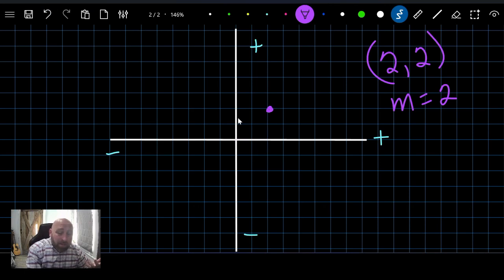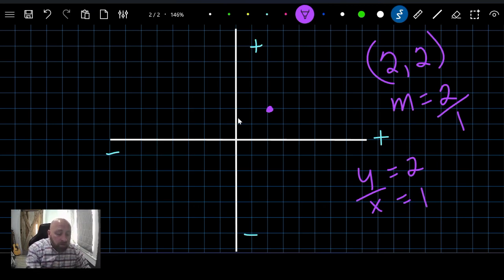Now we don't have a second point, so we need to use our slope. Notice that it's not a fraction, but we need to write it as a fraction, remember, because it's y over x. All we have is 2. When it's just a 2, that means that it's 2 over 1. So our y equals 2 and our x equals 1.